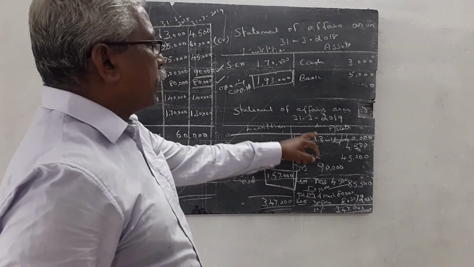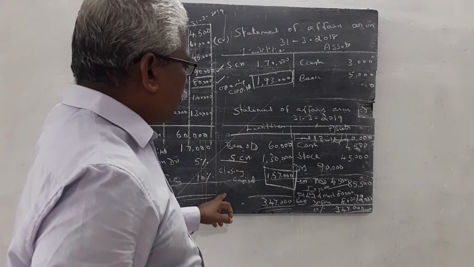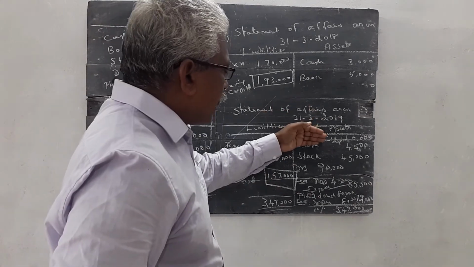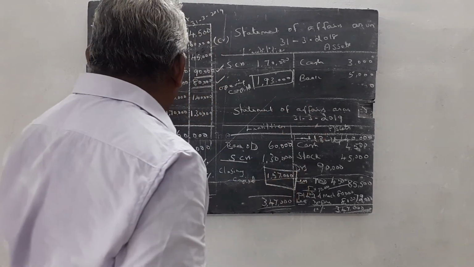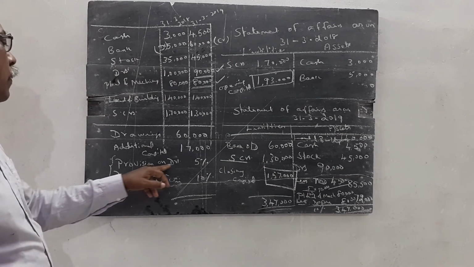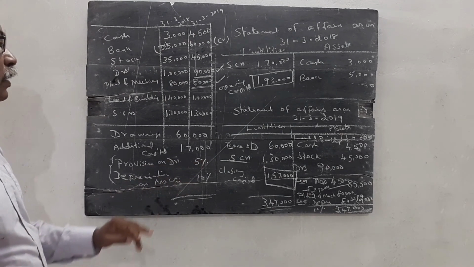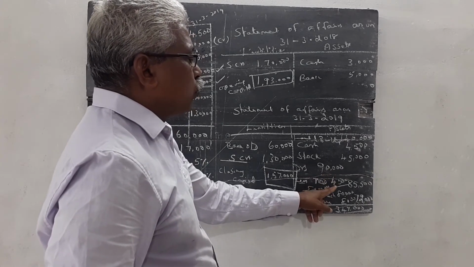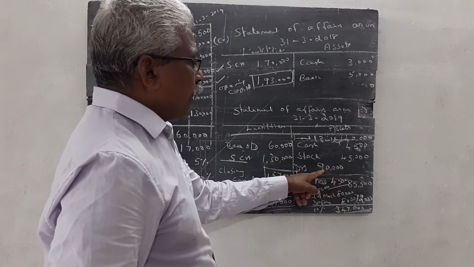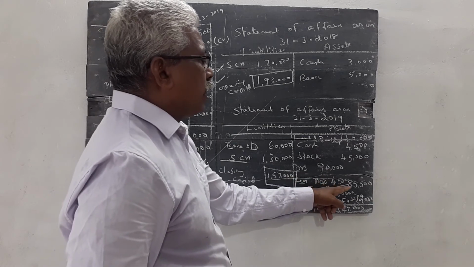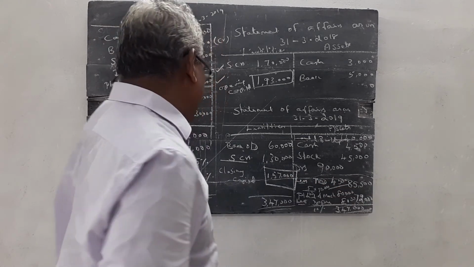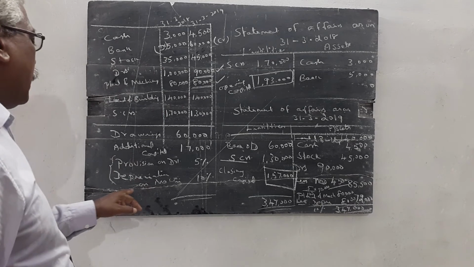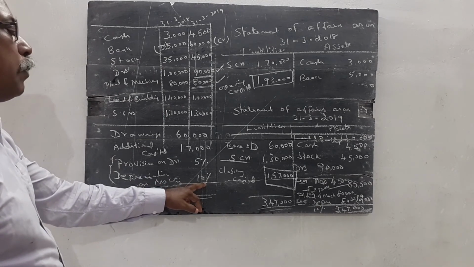All the assets are entered here, liabilities are entered here. In the asset side, sundry debtors has a provision of 5%. So 5% of 90,000 is equal to 4,500. 90,000 minus 4,500 is equal to 85,500. Then plant and machinery is depreciated by 10%.